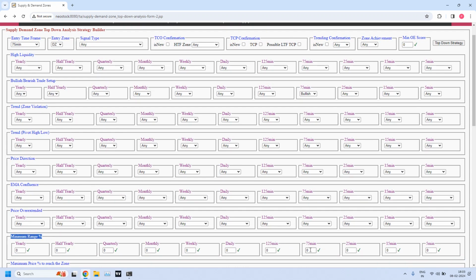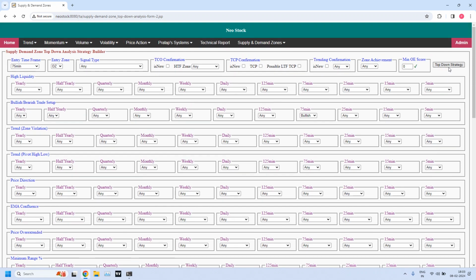On the 75 minutes I am setting the value as 3. That means I am expecting a minimum of 3% reward between demand and supply zone. But risk you will be fine tuning. You know how to fine tune. You already learned in lesson 16, zone confluence, how to fine tune the zone and reduce the risk.